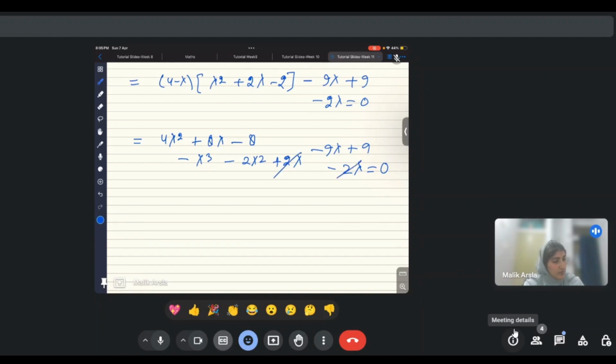This will be lambda cube, then 4 lambda square minus 2 lambda square, so it will be minus 2 lambda square on the other side. Then minus lambda, it will be plus lambda, then 8 plus 9 is equal to minus 1. Is the equation this?